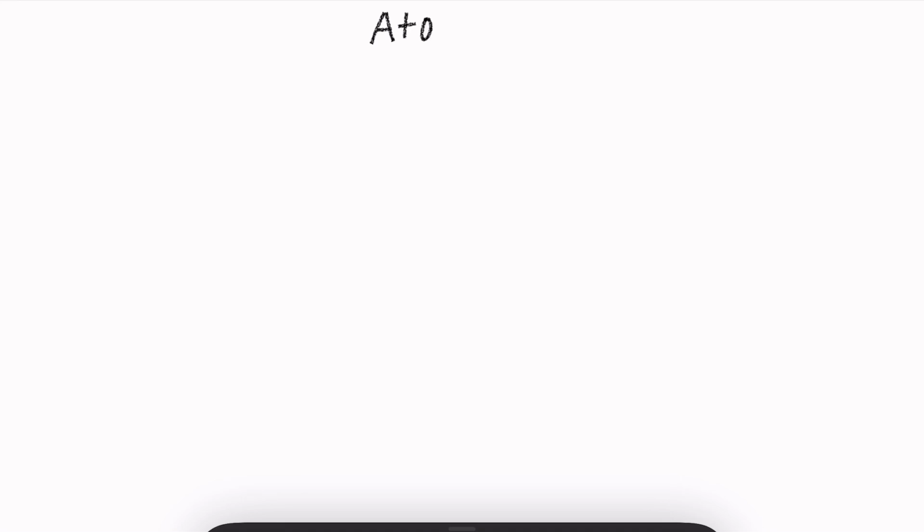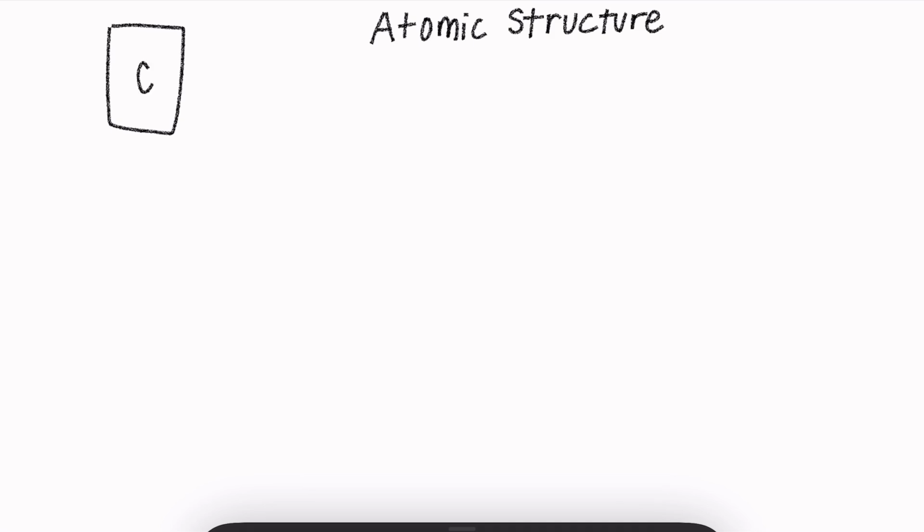Atomic structure. Now that you've seen a little about how the periodic table is organized, let's look at an individual atom to see what its structure is. I'm going to use as our example carbon because carbon is the backbone atom of all of the big molecules in your body.